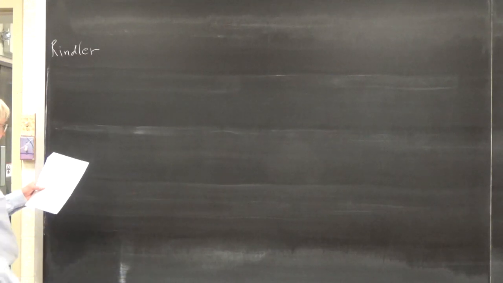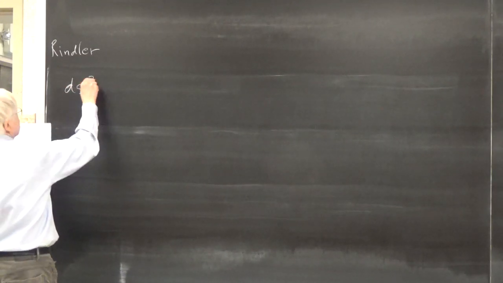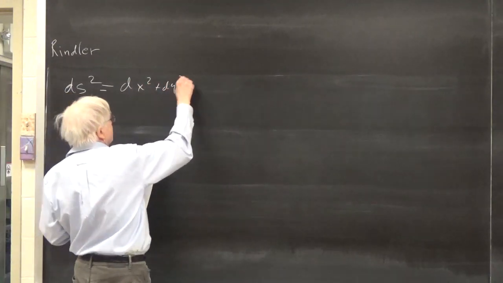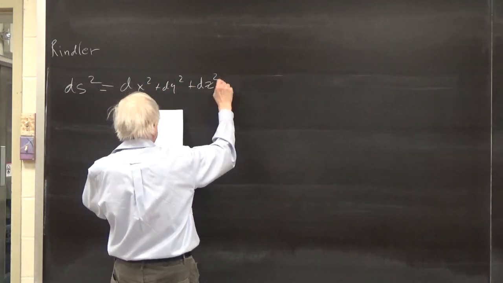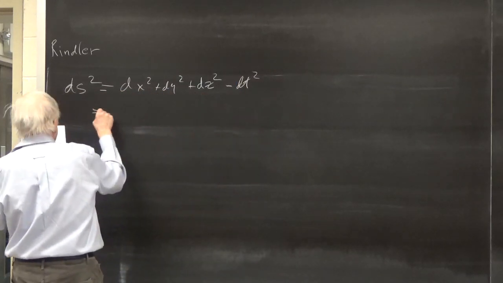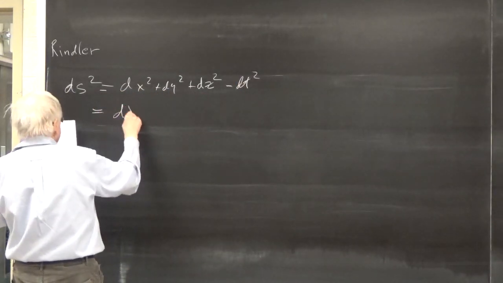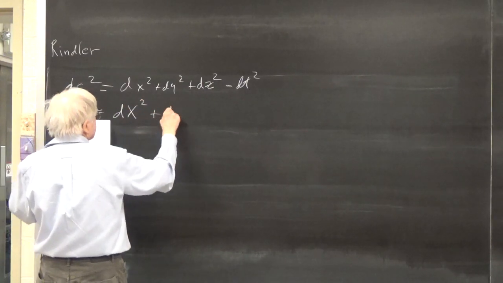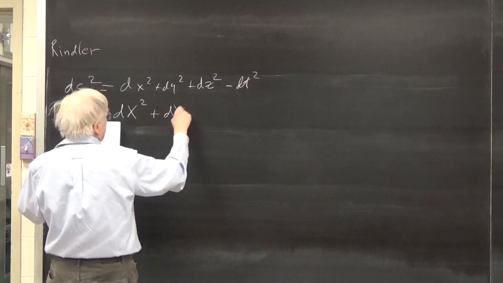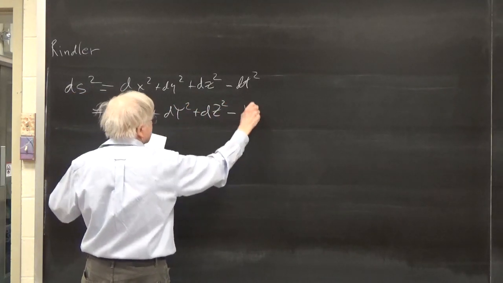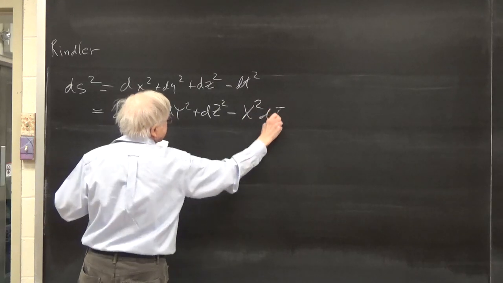In any event, ds squared here is dx squared plus dy squared plus dz squared minus dt squared. And in the other coordinates, we have d capital X squared plus d capital Y squared plus d capital Z squared minus capital X squared dt squared.